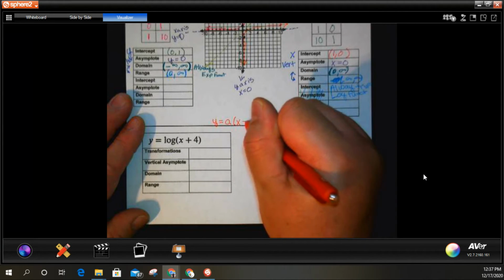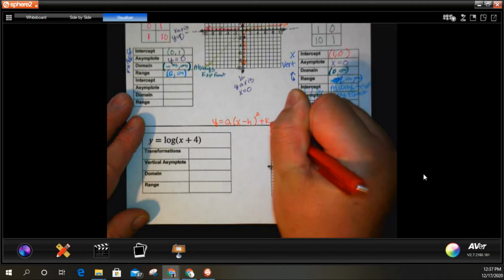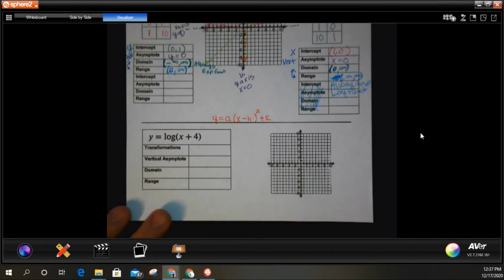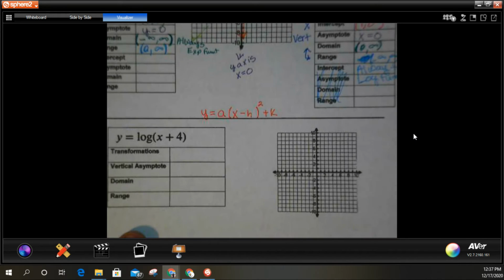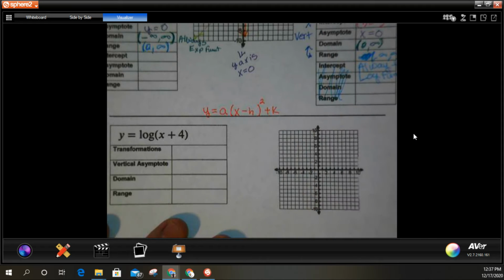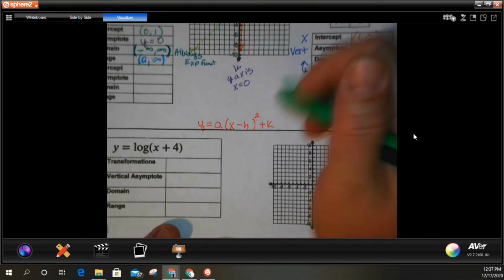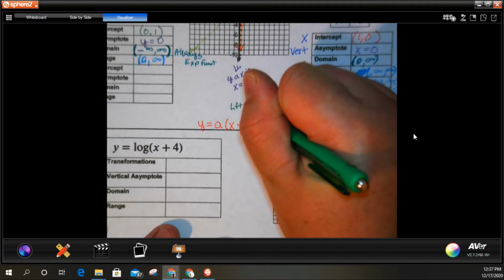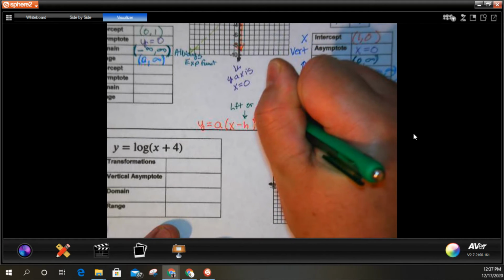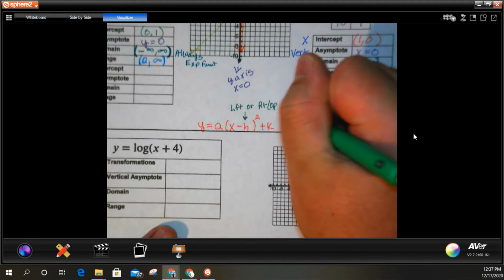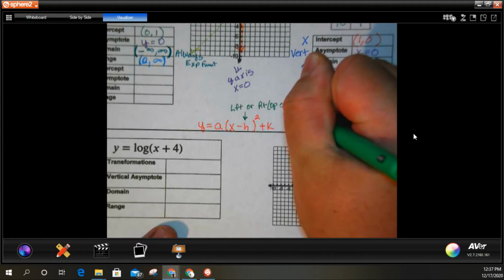Well, again, that's going to apply to log functions. Remember, h tells us left or right, and it's always opposite the sign. So if I have a -2, I'm actually going right 2, opposite the sign.